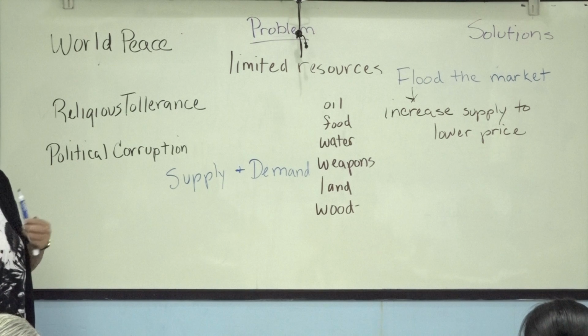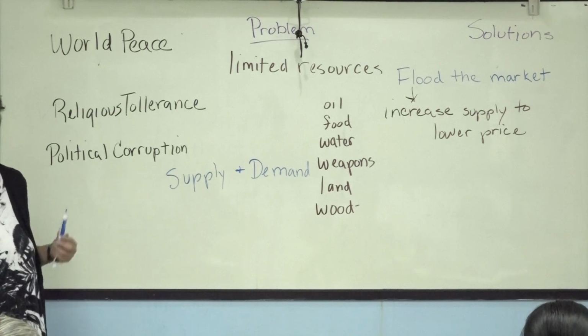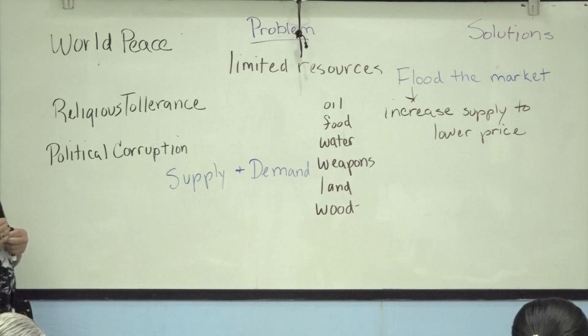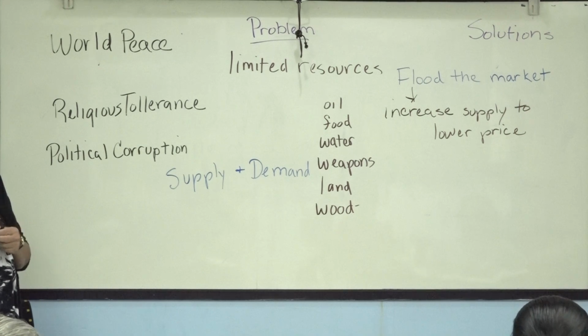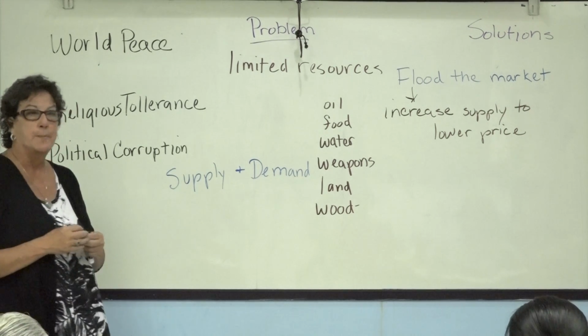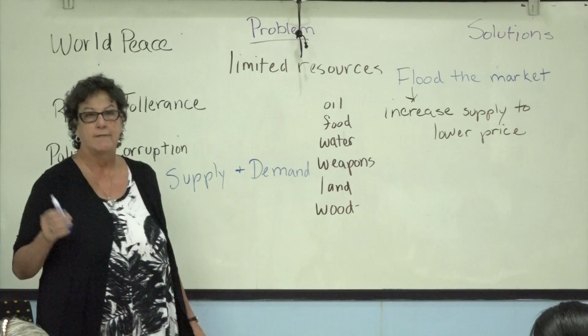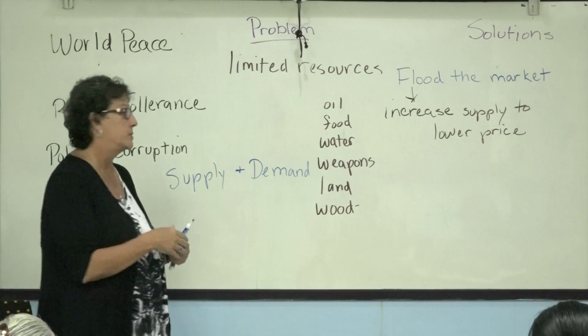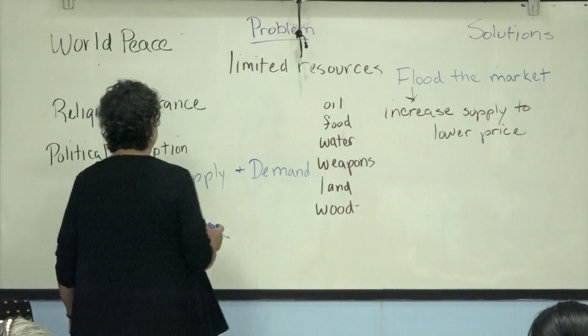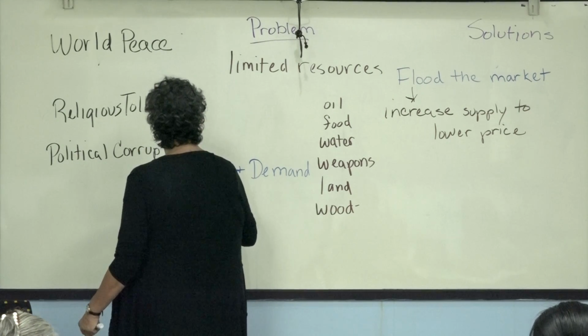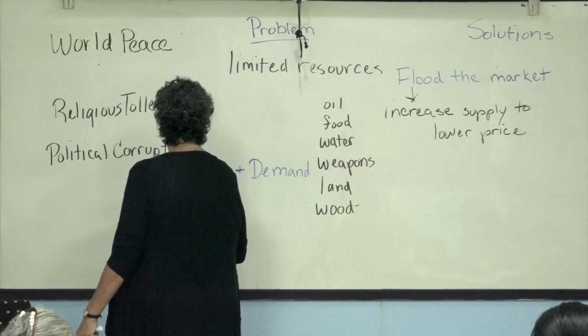That's basically basic supply and demand, that's economics. If the demand is high and you don't have the supply, the price goes up. So if you increase the supply, the price goes down.